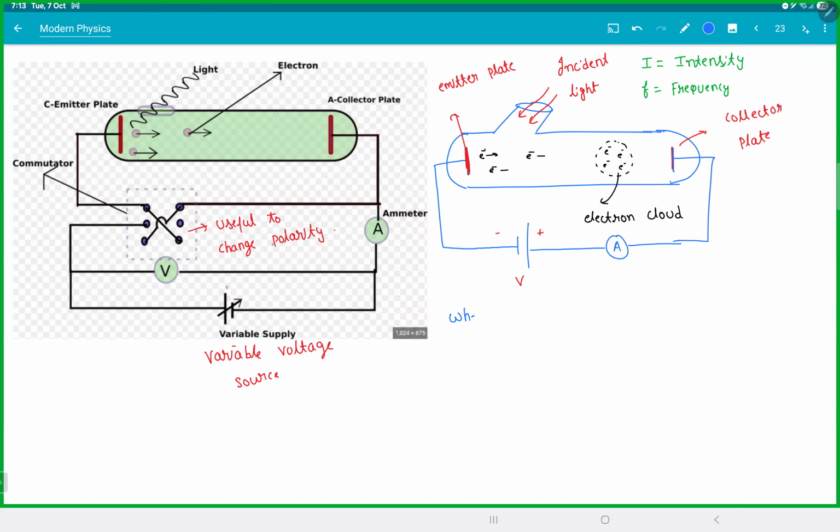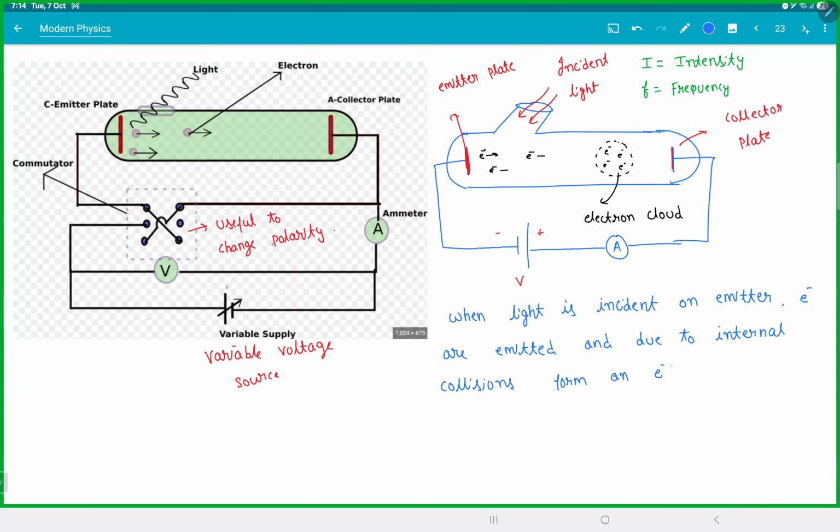So when light is incident on the emitter, electrons are emitted, and due to internal collisions, internal collisions form an electron cloud.